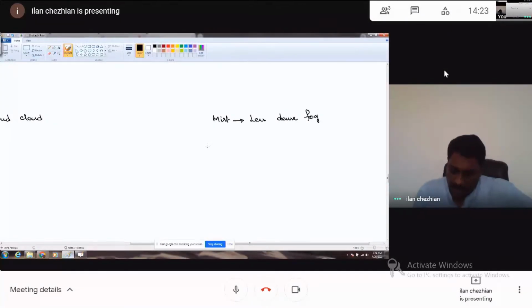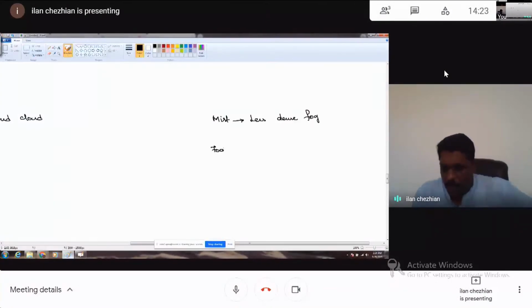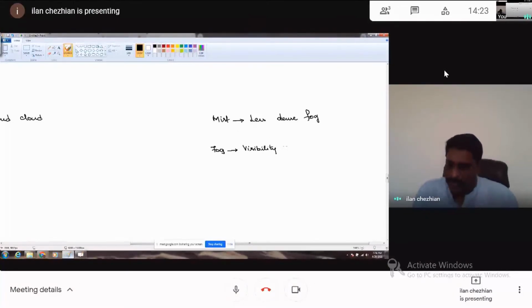Visibility. When I talk about fog, the visibility is less than 1 kilometer. You call that fog.